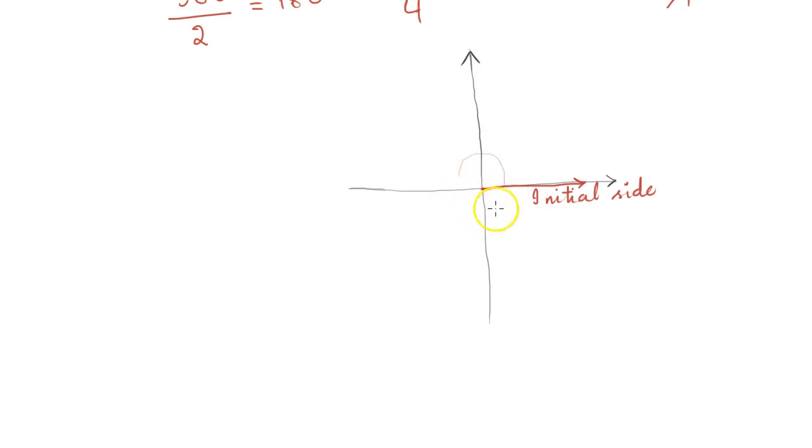You keep moving around this circle, and wherever your angle happens to be, that will be the terminal side of your angle. And so that is the measure of your angle, whatever that might be.